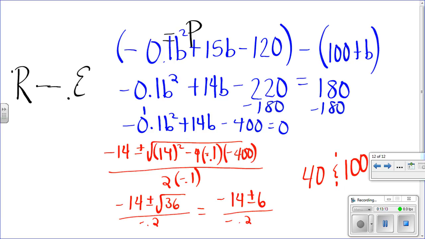I don't have an X. I have a B and an E and an R. B is 40 and B is 100. But what does it mean? B is 40, B is 100. What does that mean?